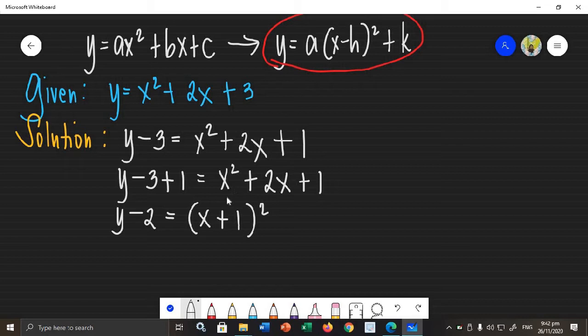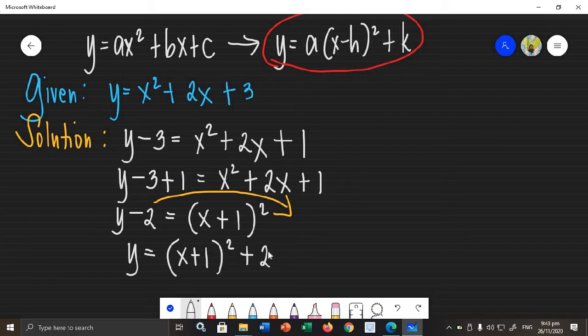And then, we need to make our answer look like this, right? So what remains is to transpose negative 2 to the right side of the equation. After we transpose it, it will become like this: y is equal to quantity x plus 1 squared, and negative 2 will become positive 2.